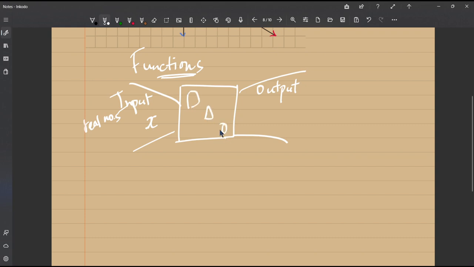It will do something with x and it will give me an output, and I can call that output f of x. So this is f, and this function I am calling the function f. What this notation means is x has been operated upon by the function f. This does not in any way mean f multiplied by x. It's just a fancy notation for the output of the function.